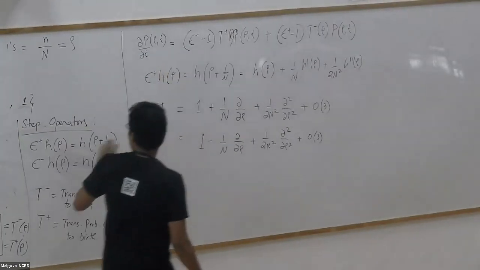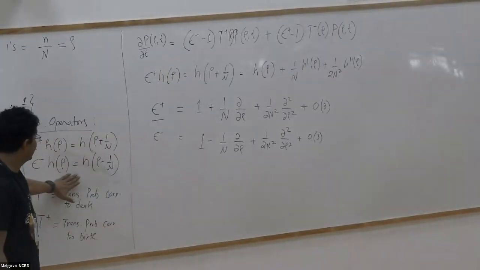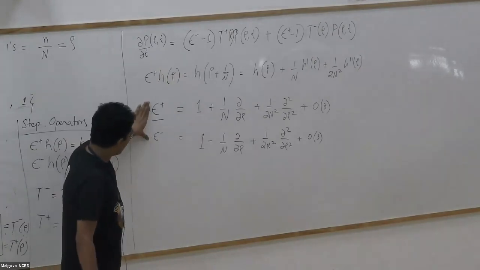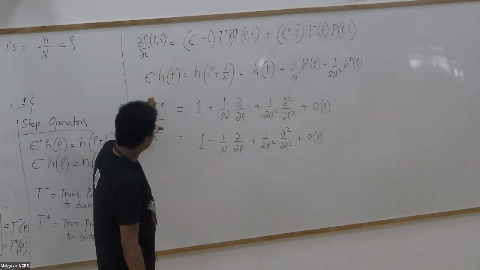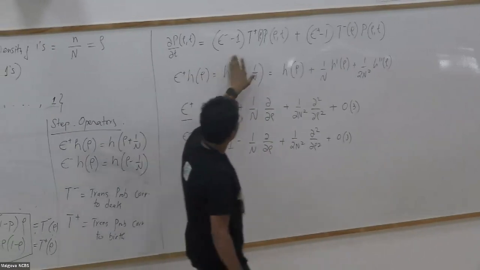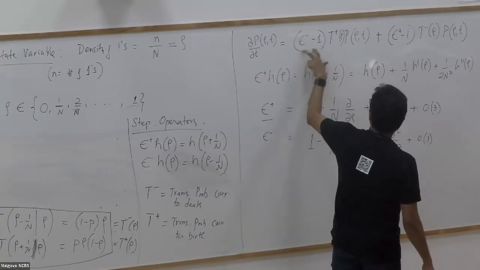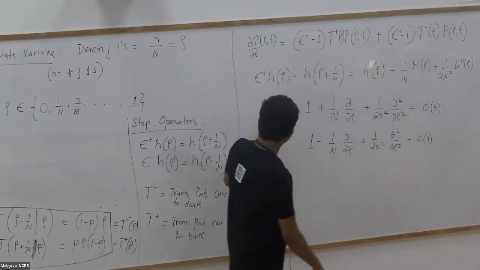So now what you basically do is you had a funny trick here, which can be expanded as a Taylor series, and then you note that what you have in both of these terms is epsilon minus 1 and epsilon plus minus 1.